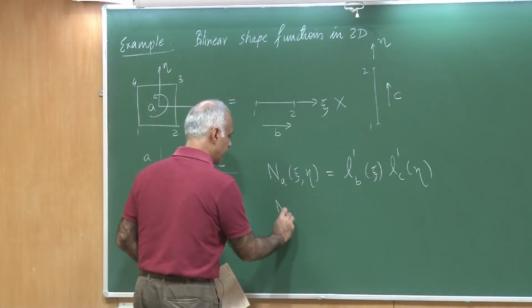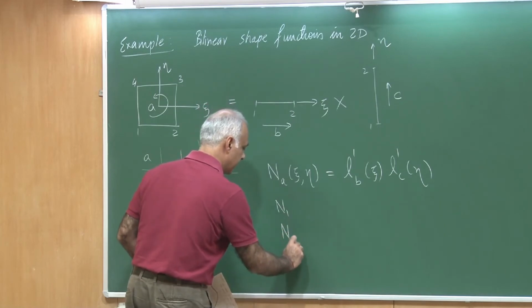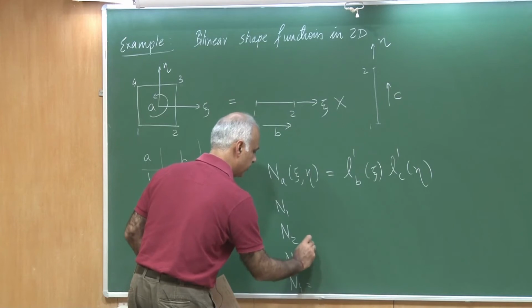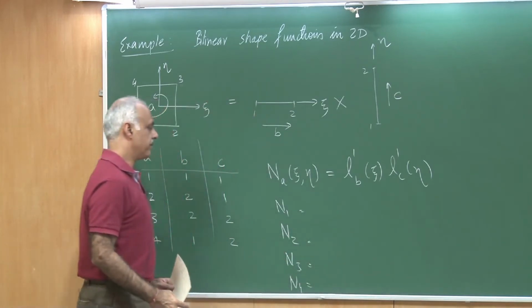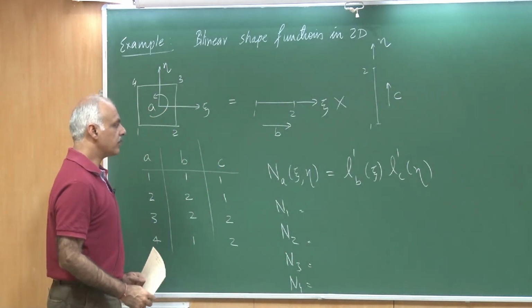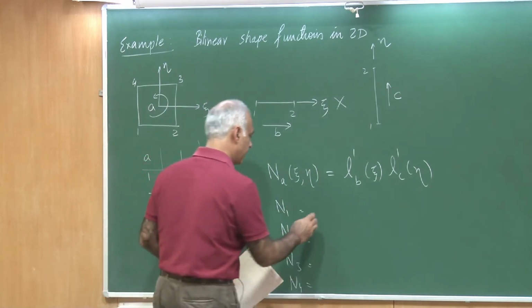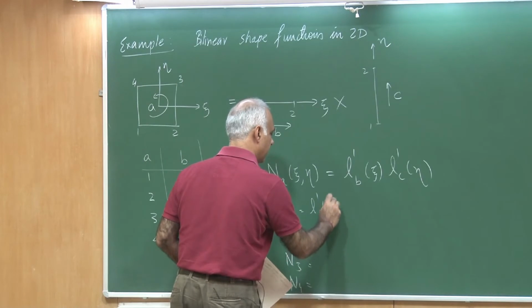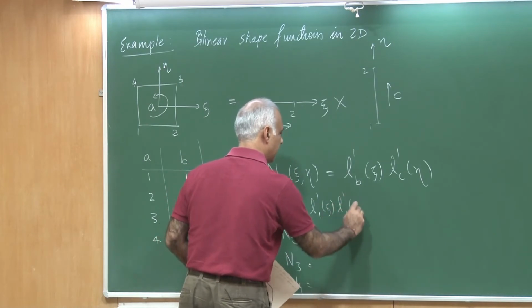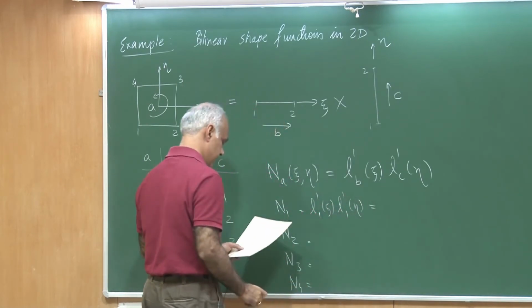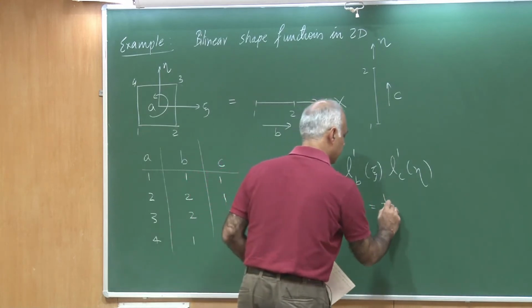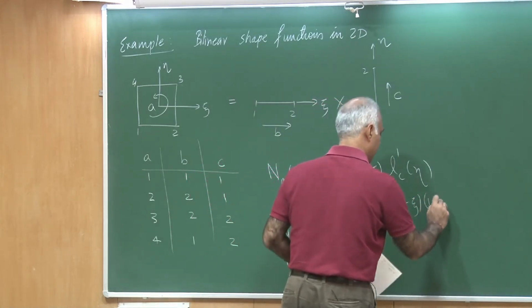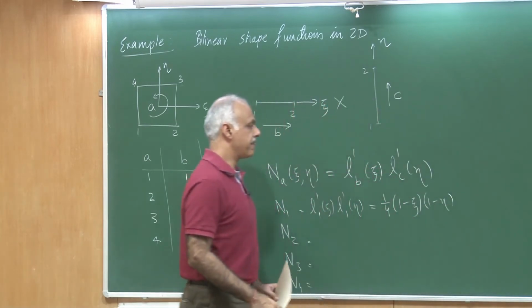So, if I look at N1, N2, N3 and N4, then what you will notice is that N1 would be L1(xi) L1(eta), and this is given as 1/4 (1 minus xi)(1 minus eta).